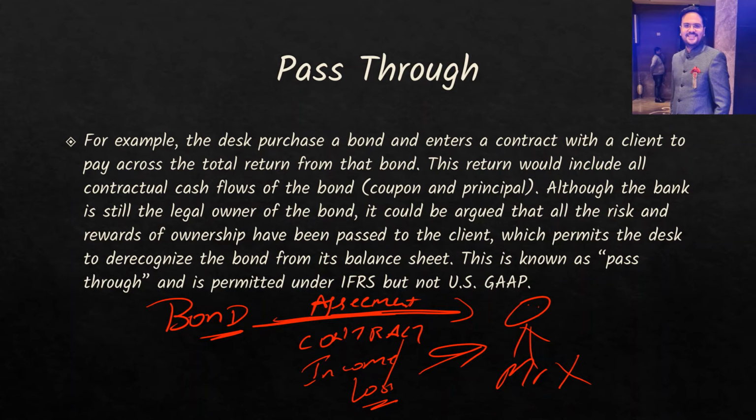De-recognize it. So IFRS 9 says you can de-recognize, and you should de-recognize, that asset on which you don't have any rights. So the desk purchases a bond and enters into a contract with the client to pay across the total return from that bond. This return would include all the contractual cash flow of the bond, that is coupon and principal.